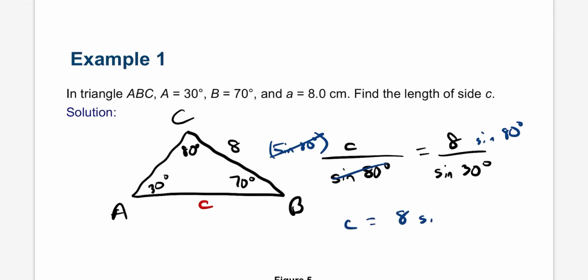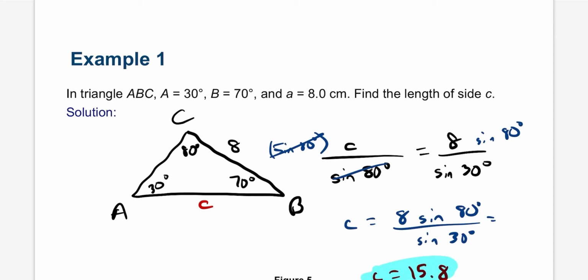So c is equal to 8 sine of 80 over sine of 30. Use your calculator, 8 sine of 80 divided by sine of 30 is equal to 15.75. I will round to one decimal place, 15.8. So that is the final answer.